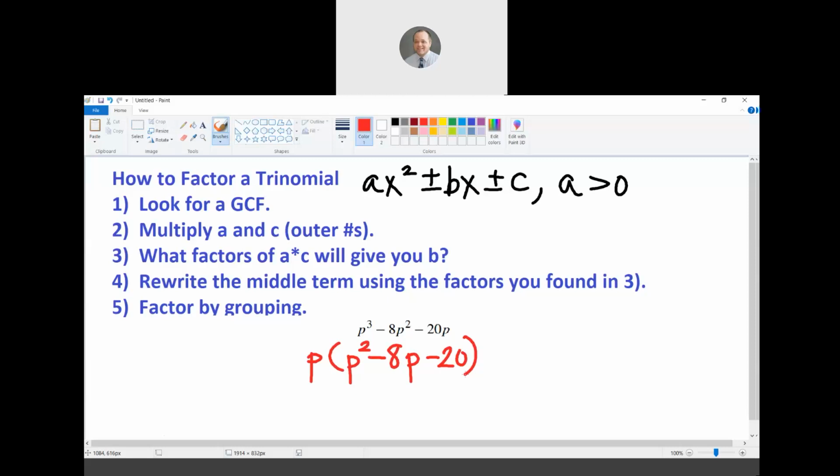Proceed to step 2. Multiply A and C, or multiply your outer numbers. Well, this leading coefficient is understood to be 1. So 1 times negative 20 is still negative 20.